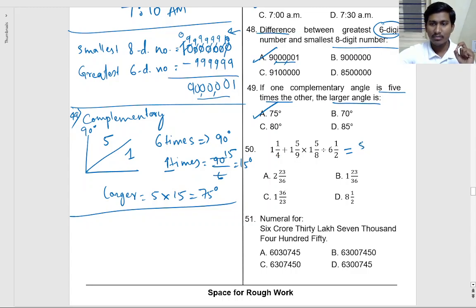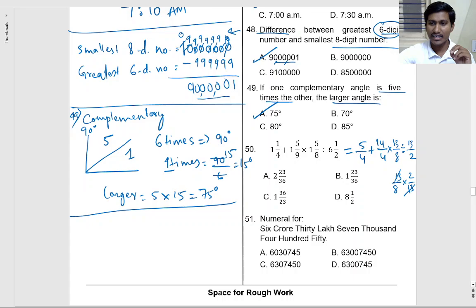That is 5 by 4 plus 1 and 5 by 9, that is 9 ones are 9 plus 5, how much? 14 by 9, into 1 and 5 by 8, that is 13 by 8, divided by 13 by 2, right? We know how to do the division. We have to take the reciprocal, so 13 by 8 into 2 by 13 will come.